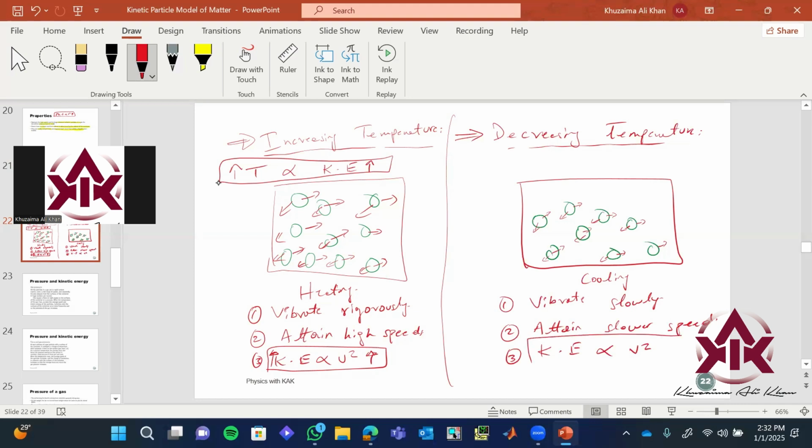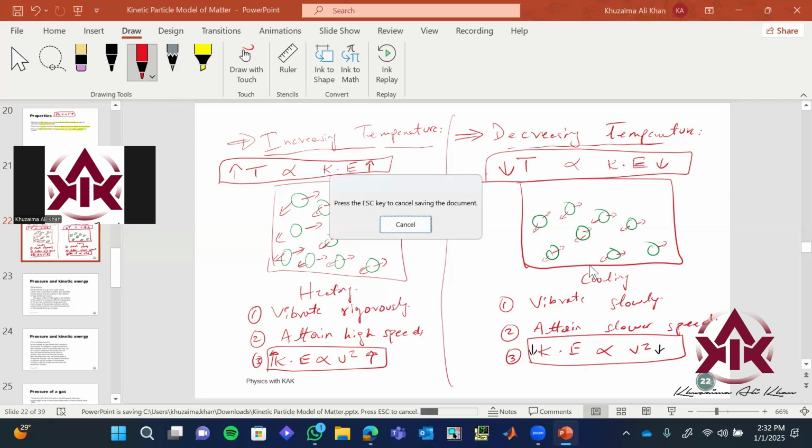As I have obtained slower speeds, the kinetic energy of the particles will also decrease. So if I decrease the temperature, so does the kinetic energy. Decreasing temperature decreases kinetic energy. So it's again a direct relation. This is the relation of the temperature and the average kinetic energy of the particles overall. I hope it makes sense.